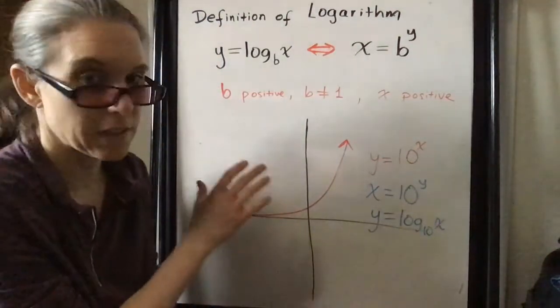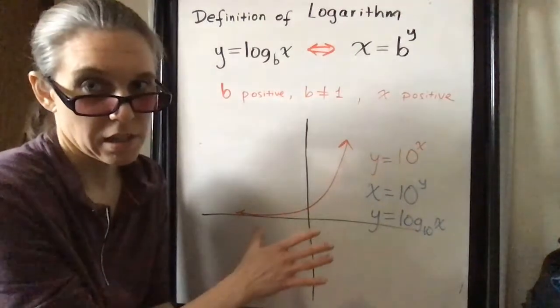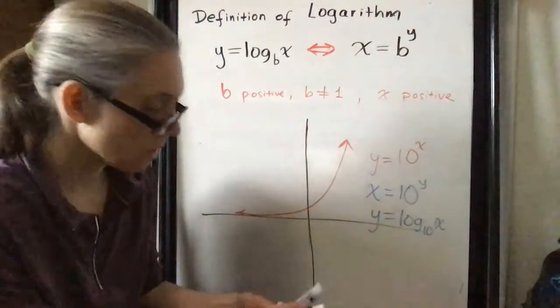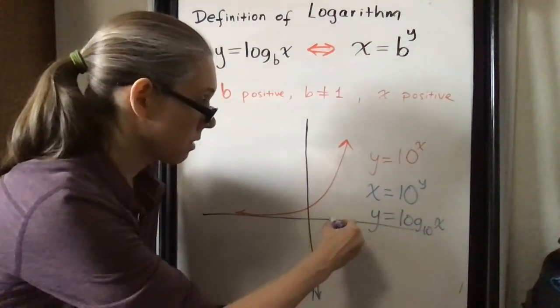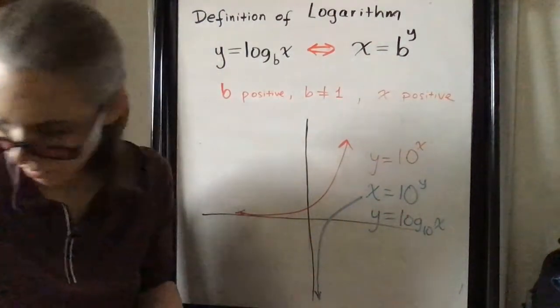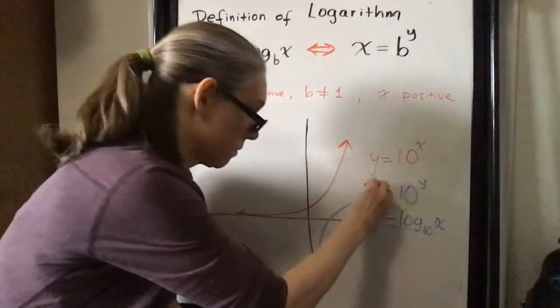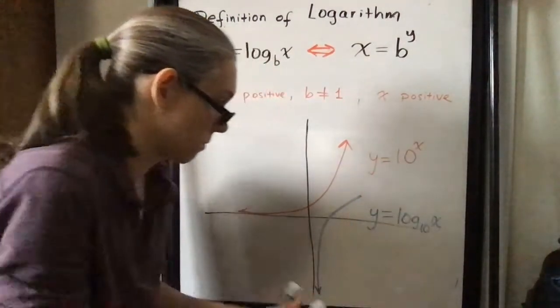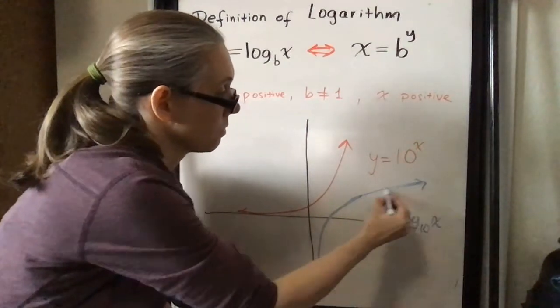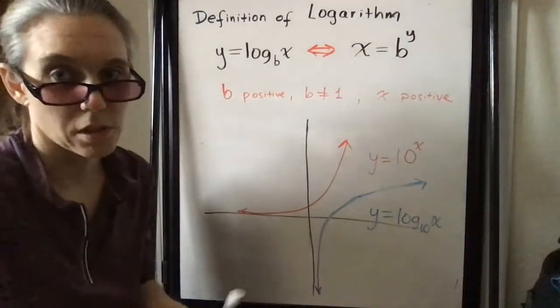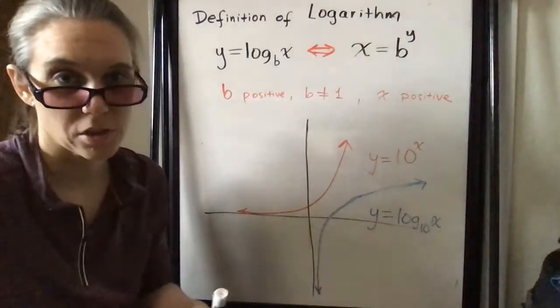The graph of the exponential function is this one. The graph of the logarithmic function, let me erase this part right here. Here's your exponential function, and here's your logarithmic function, okay? So the log function looks like this, the exponential function looks like this.